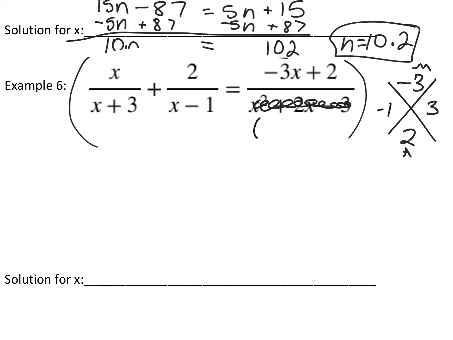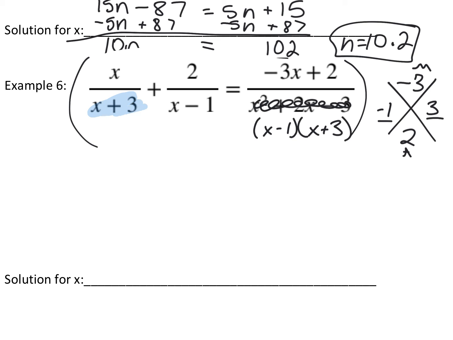Okay, what are these factors though? Let's get through this. Okay, we just found them: x minus 1 and x plus 3. Now we are looking at the denominators that we have, and what do we notice?